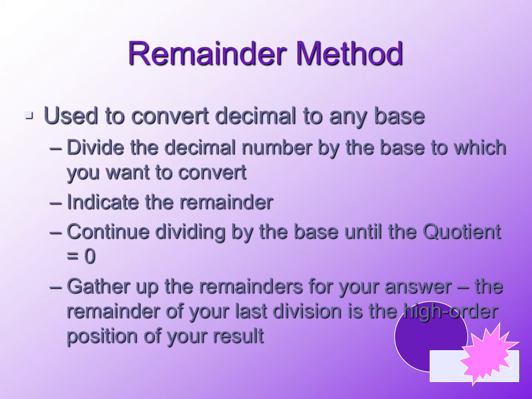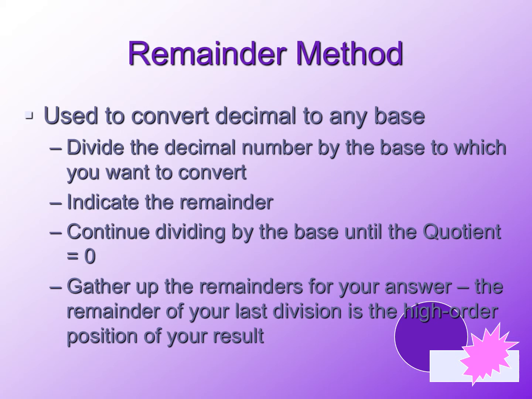The remainder method is used to convert any decimal number to any base. You divide the number by the base that you want to convert to. You indicate the remainder. You continue dividing by the base, so by 2 for base 2, or binary, by 16 for hexadecimal, until the quotient is 0. Now that's one you need to star.